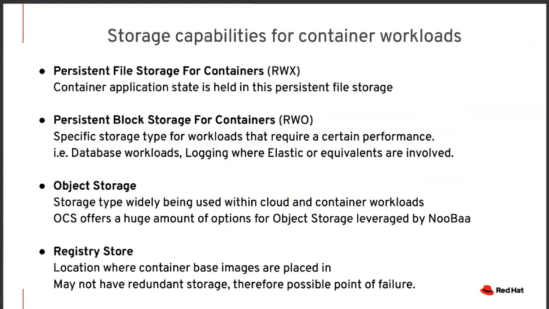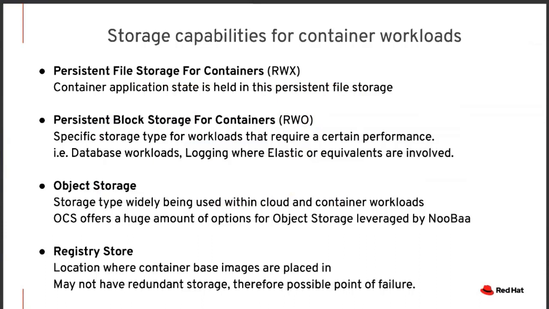So the container application state is held within that persistent file storage. Remember the previous slide where I showed you the top layer that was actually writable. Well, this one is being mounted to the storage system, so that the data lives outside the container on a persistent file store. And this is what we offer, among others, with OpenShift Container Storage.